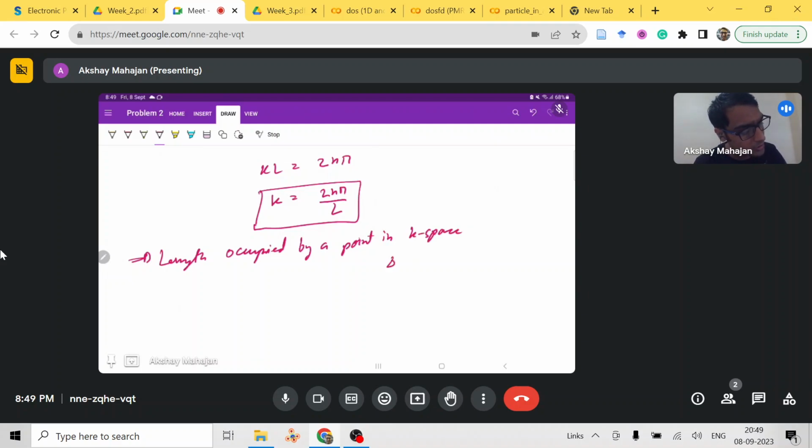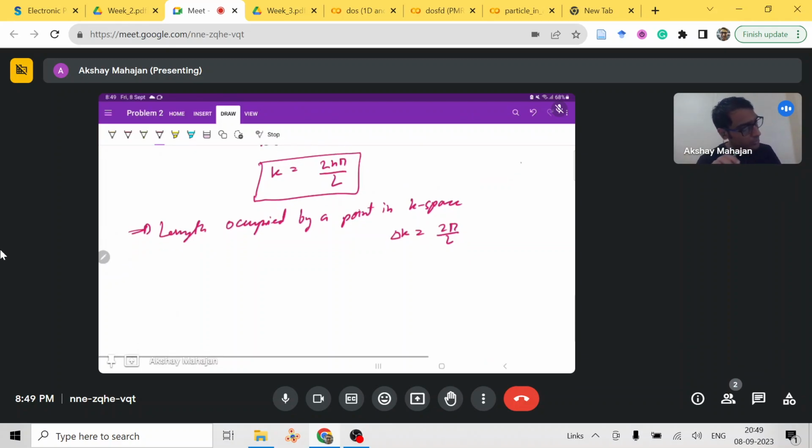That will be given again by delta k. Now we are just in one dimension, so this delta k will be equal to 2 pi by L, right? Because it is 2n pi by L, so we will have k points at a separation of 2 pi by L.